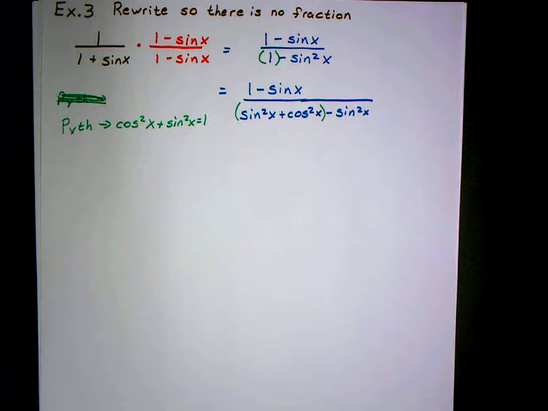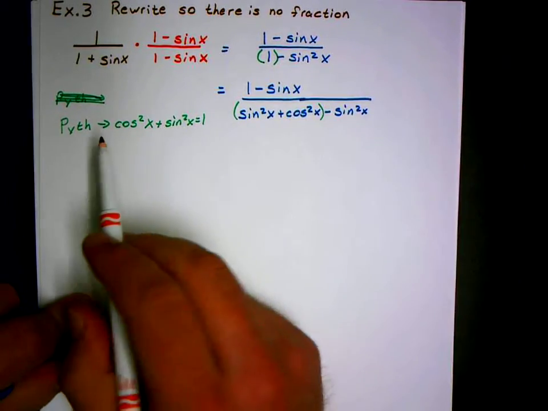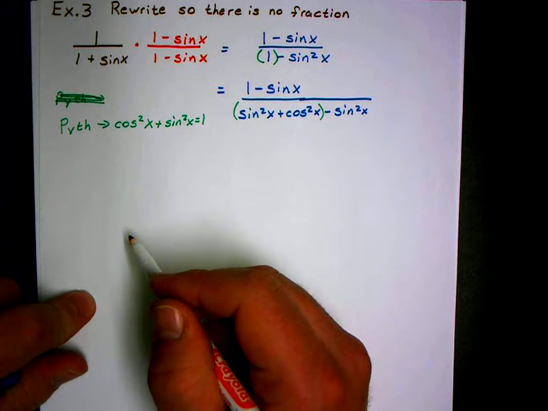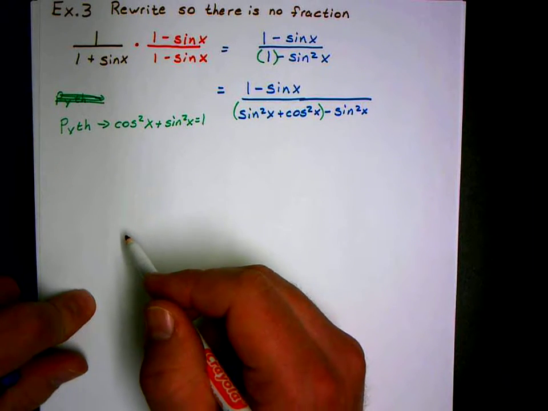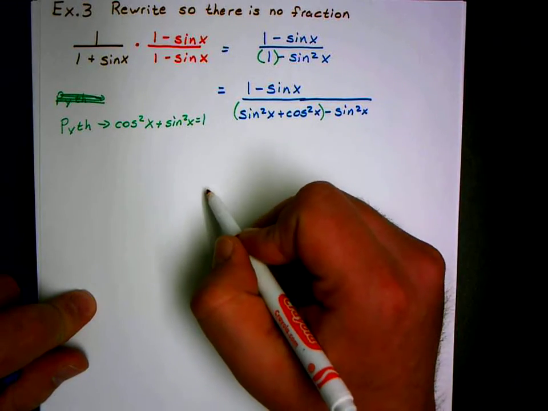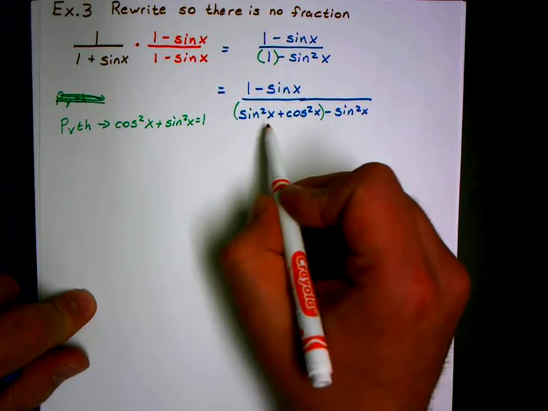Yes, that would be the short way, but again, I'm choosing to do the work inside my problem instead of out here to the side for this one. But yes, you could do that. Okay, now I have sine squared and a minus sine squared, so what happens with those two? They cancel.